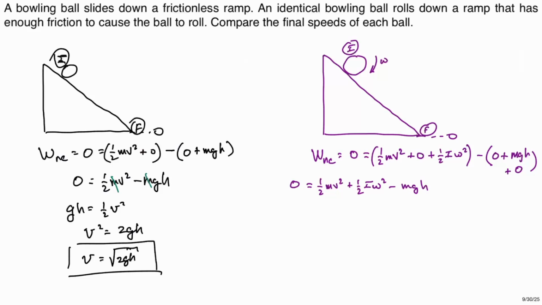So for anything that's rolling without slipping, v is equal to R omega, which means omega will be equal to v over R, right? So we're able to substitute in for omega there. We've handled omega. What do we do about the moment of inertia?